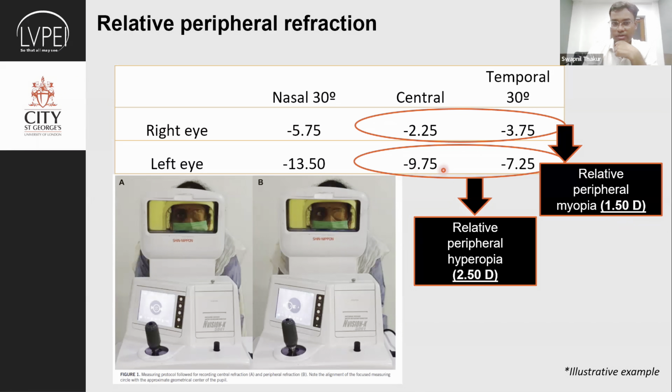In the case of the left eye, the central refraction is minus 9.75, but the temporal refraction is minus 7.25. And this is an indication of relative peripheral hyperopia of 2.5 diopters. So this is a general illustration of how we record peripheral refraction.